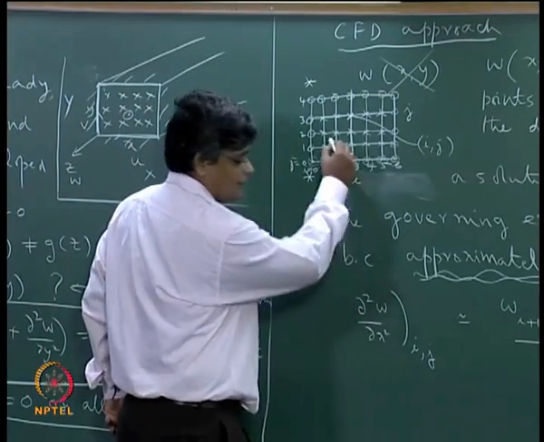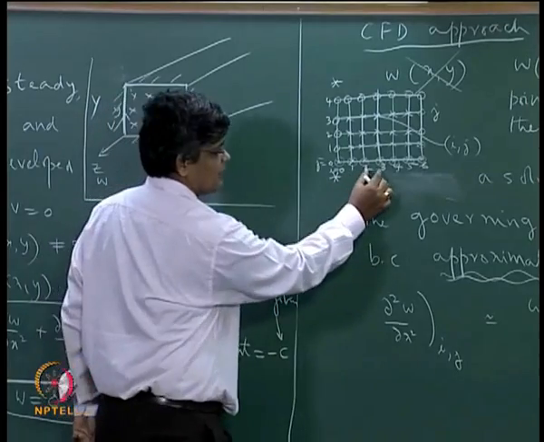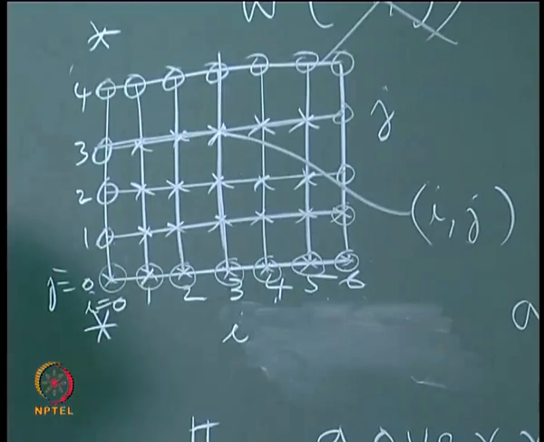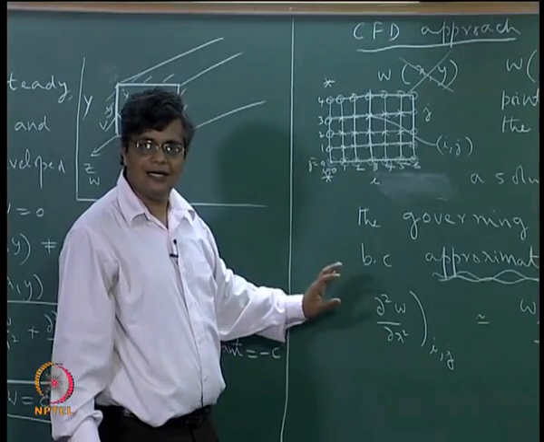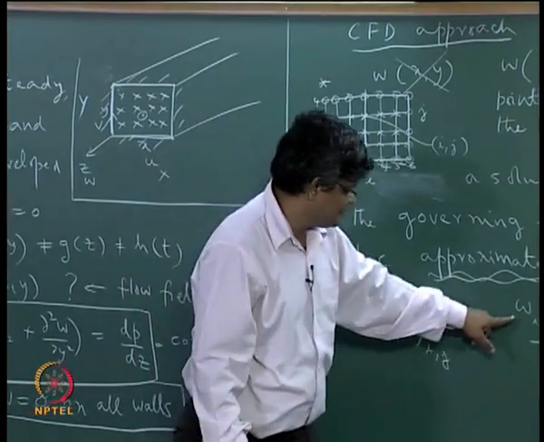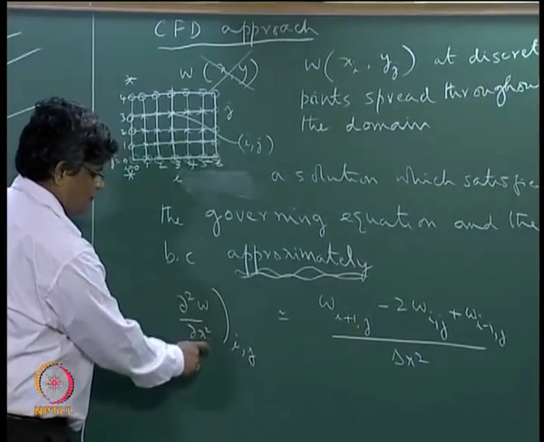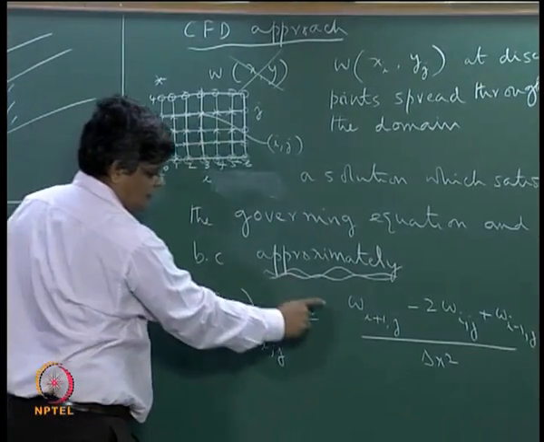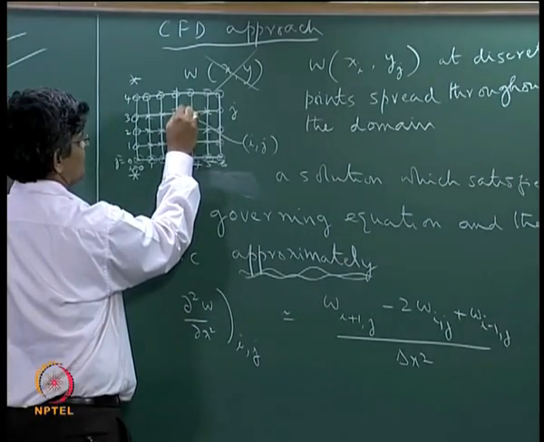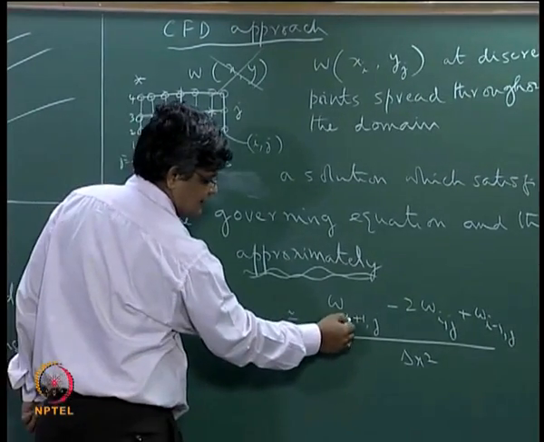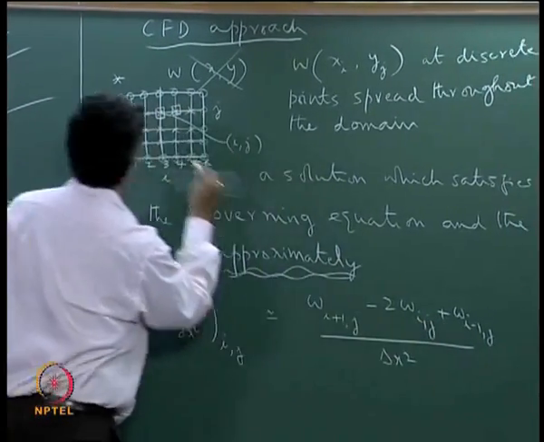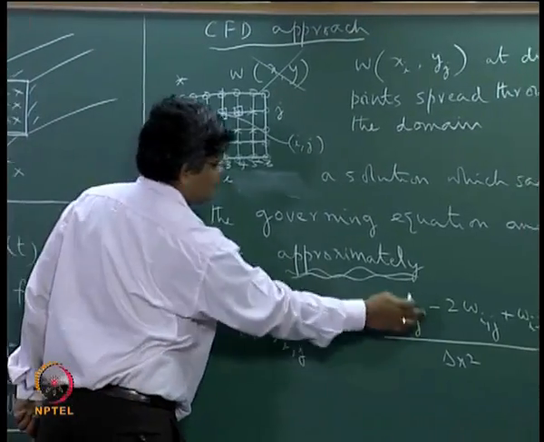Under these conditions, assuming uniform spacing in the x direction and uniform spacing in the y direction, we can write an approximate formula for the second derivative in the x direction like this, where this value is being evaluated at i, j, and this is i plus 1, j. So w i plus 1, j means this point here, w i minus 1, j is this, and w i, j is this.